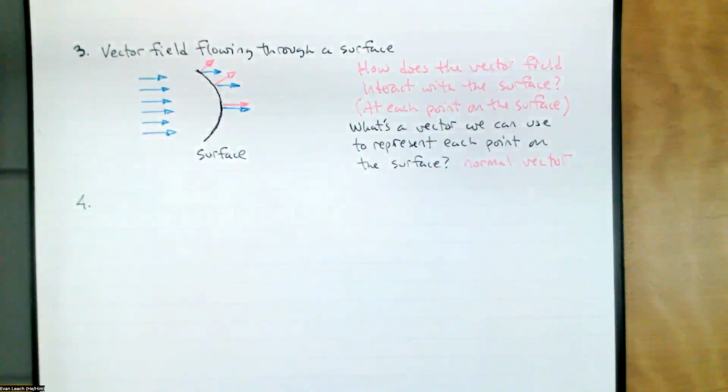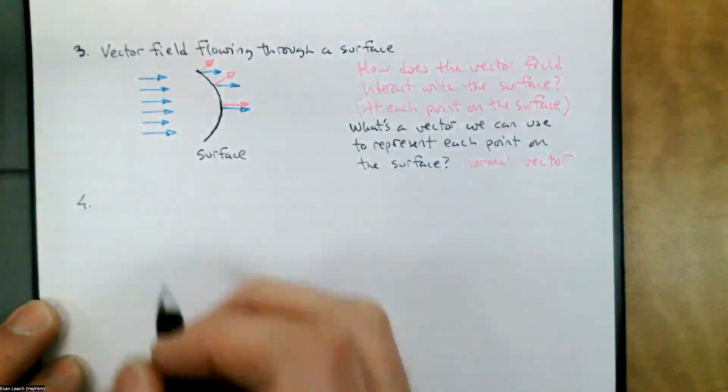The surface itself would be continuously variable, and the vector field would also be continuously variable. Then we just want to back away from the surface and think about the vector field going through the interior.